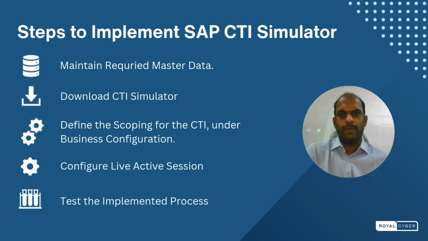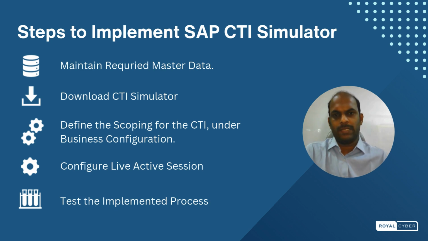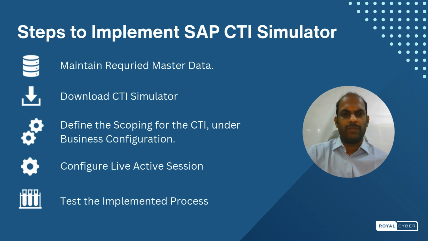First, we have to maintain the proper master data in the system to test all these requirements. Second, we are going to show you how to download the CTI simulator in the C4C system. Once it is downloaded, in the business configuration app we have to maintain a few settings under the scoping.